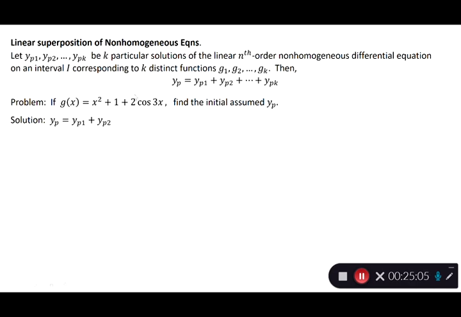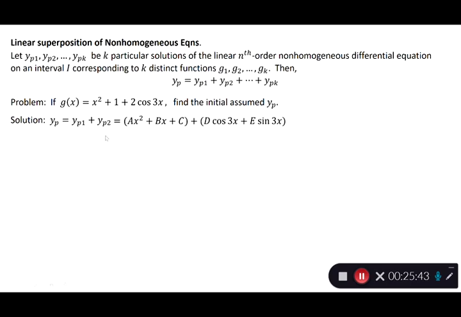And if we had only g2 of x, we would have gotten some yp2 as a particular solution. But if we were to have both g1 of x and g2 of x added together, then because this is a linear equation, you can simply add them. For nonlinear equations, things do not work like that. That is the key. So linear equations, thankfully, are a lot easier than nonlinear equations. Okay. That's the point I'm trying to make.